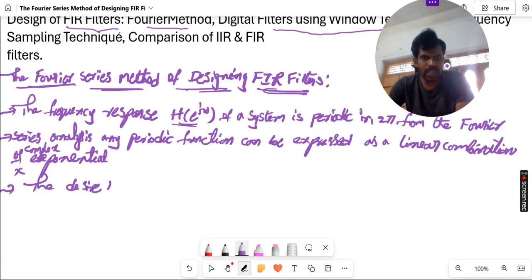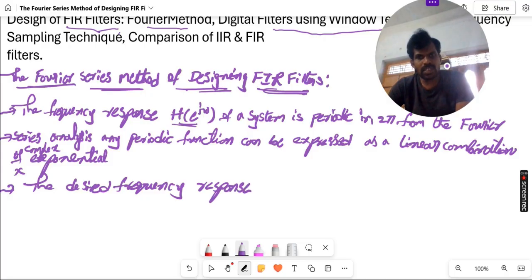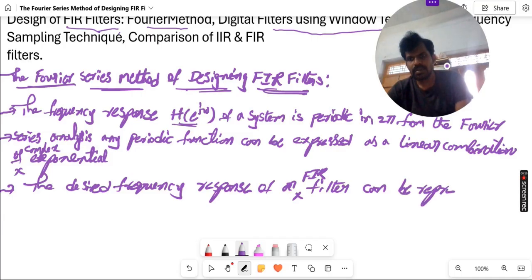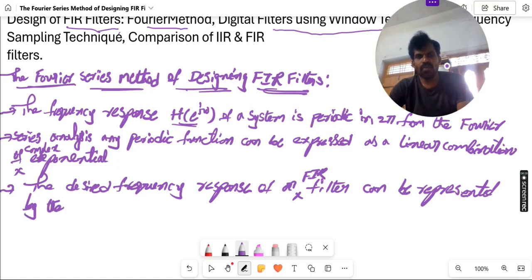The desired frequency response of an FIR filter can be represented by the Fourier series.